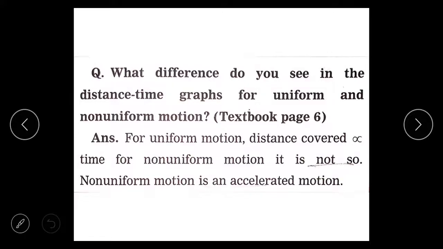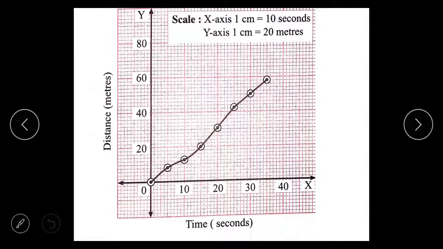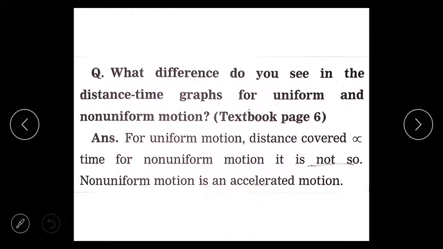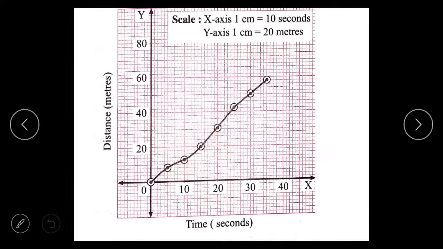Means how much distance will be covered is dependent upon the time taken for the motion. In case of uniform motion, we can say that in a particular interval of time this particular distance will be covered. We can easily predict that for the upcoming path.